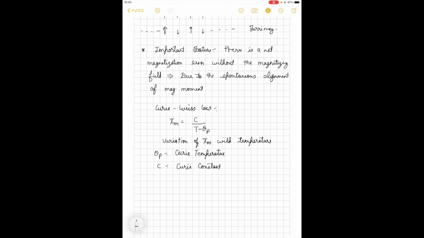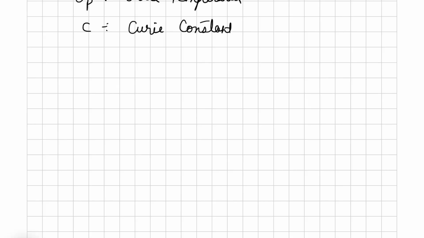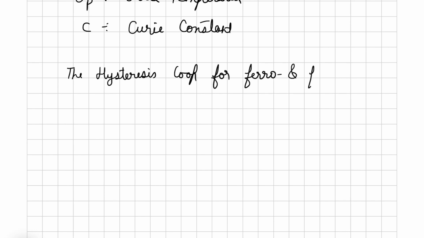Okay, so let's now discuss. We have already seen in great detail the hysteresis loop for dielectric material. So the next topic will be the hysteresis loop for ferromagnetic and ferrimagnetic materials.